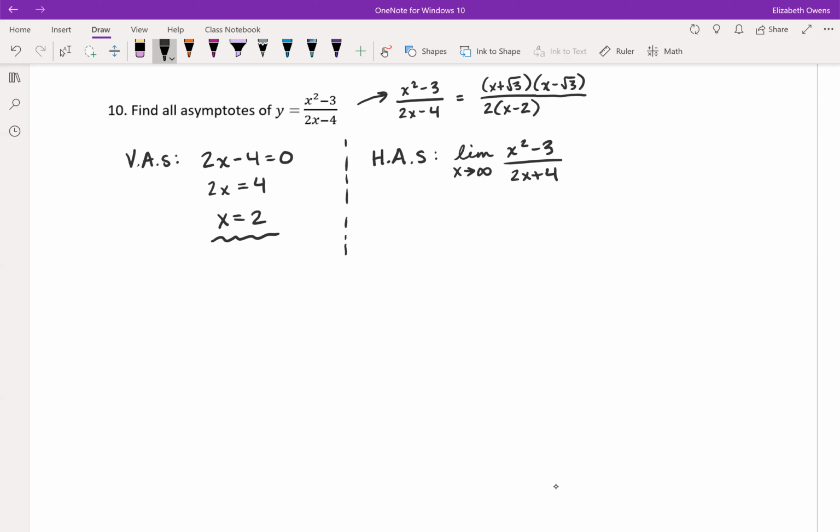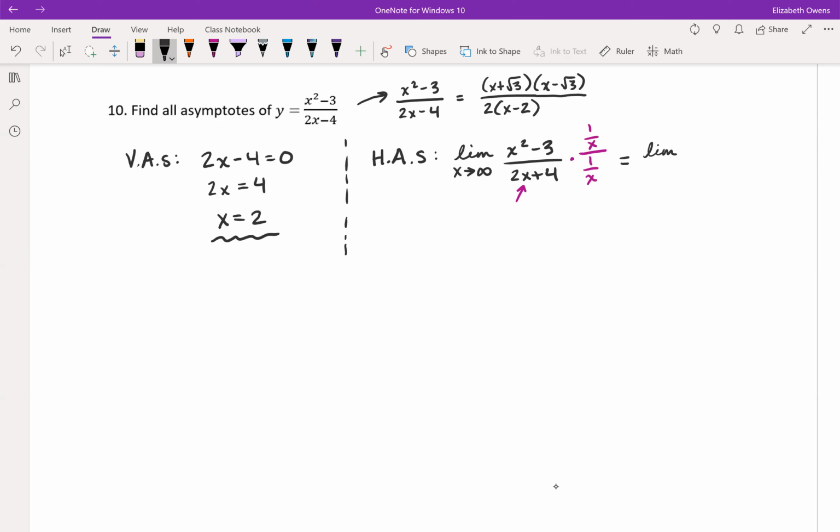We would use our trick here, multiplying by the reciprocal of the highest power of x in the denominator. So the highest power is x, so we would multiply everything by 1 over x.